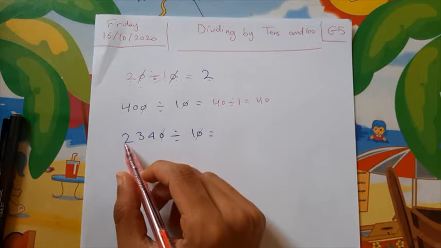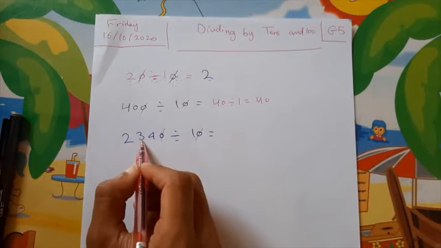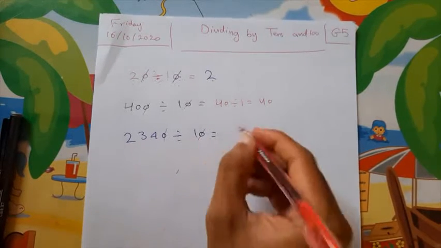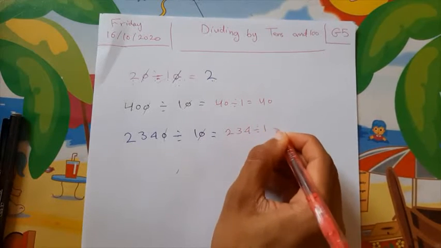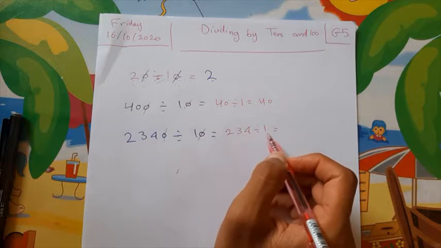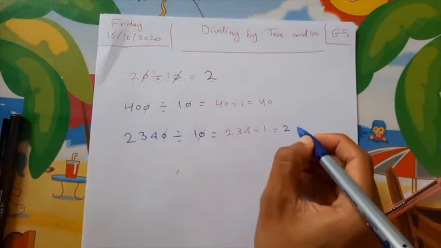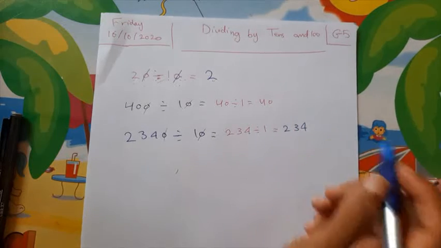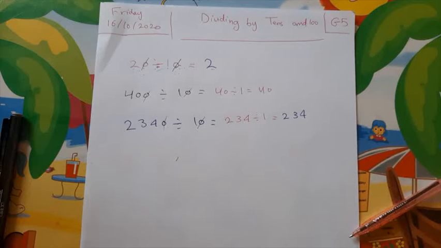From the 2340, we still have 234 divided by 1. Any number which is divided by 1 gives me the same number. So the answer is 234.